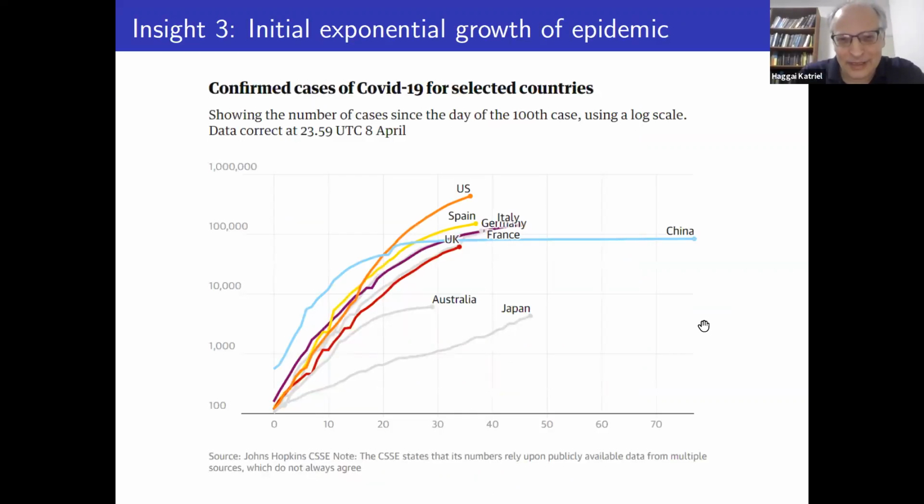Another thing I'd like to mention, going back to the simple model, is the exponential growth at the start of the epidemic. Here you see the start of the pandemic in different countries on a log scale. It's a straight line at the beginning, which means it's exponential growth.